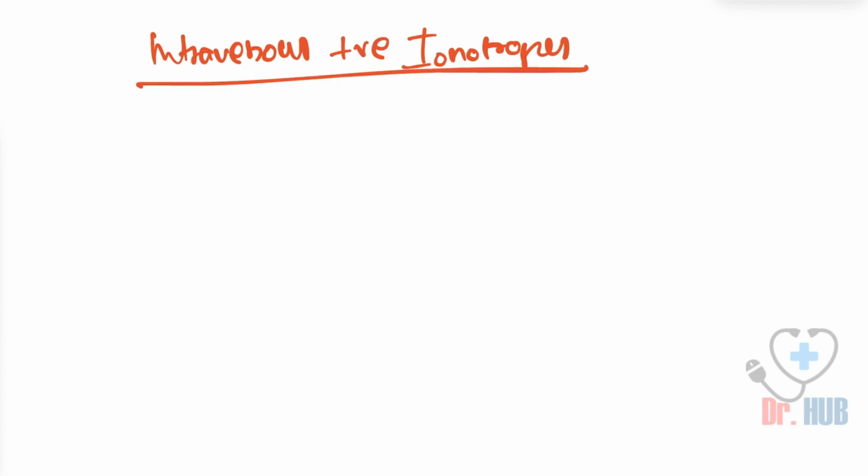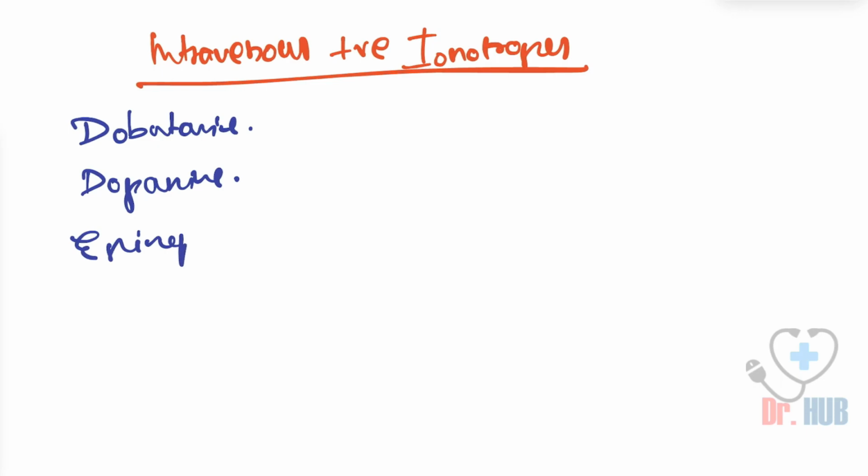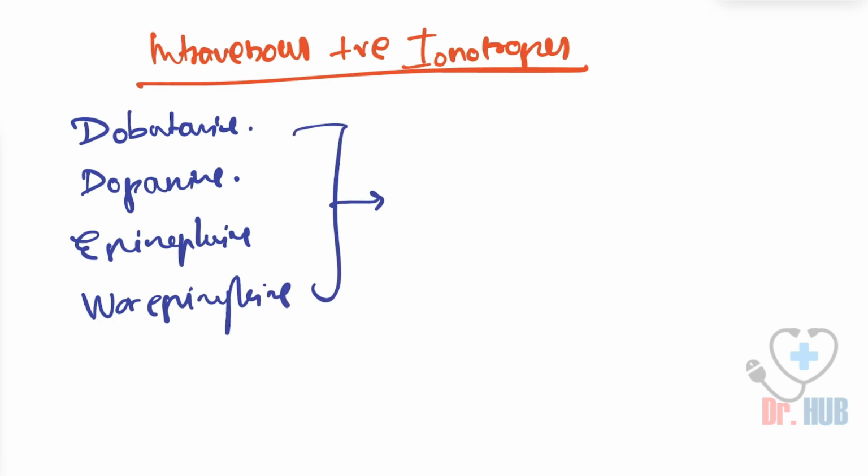Under the intravenous positive inotropes, the drugs we are going to see are firstly dopamine, then dobutamine, then epinephrine, as well as norepinephrine. What do these drugs do?